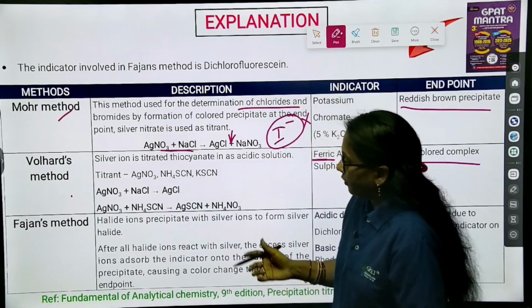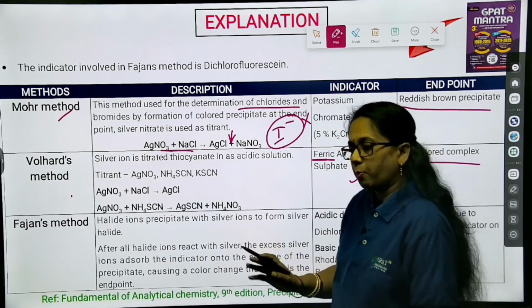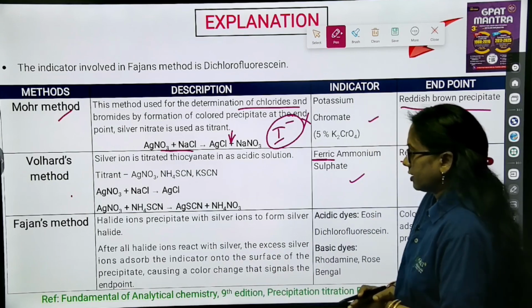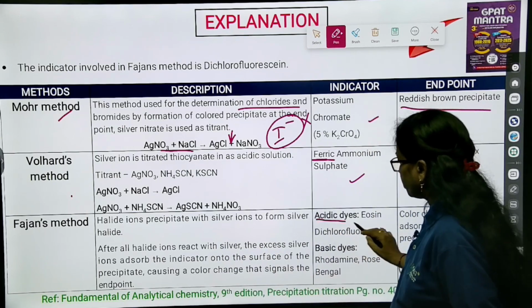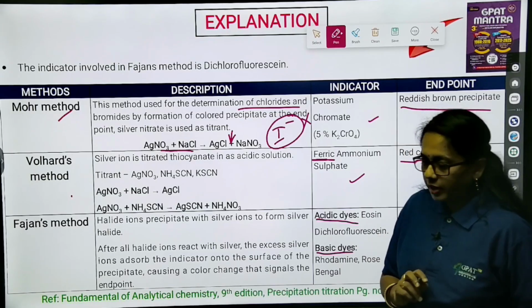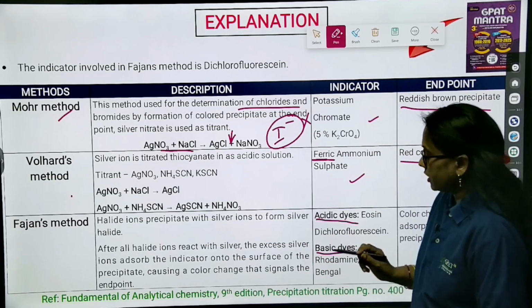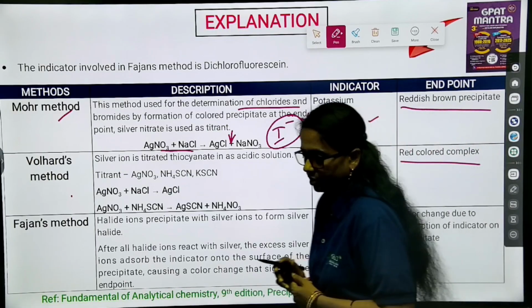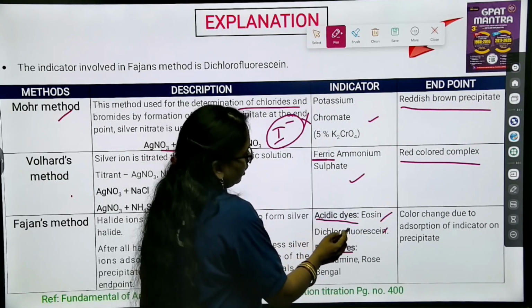Okay, and Fajans' method, it's an adsorption indicator method where we can determine all these halides, but here you are going to use different types of indicators by the adsorption phenomena. Acidic dyes as well as basic dyes. Acidic dyes means like eosin and dichlorofluorescein, and fluorescein is also one of those.